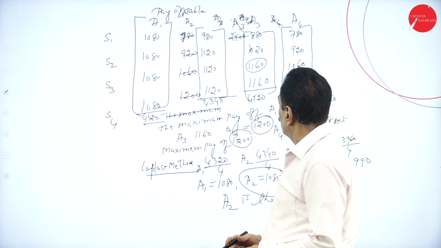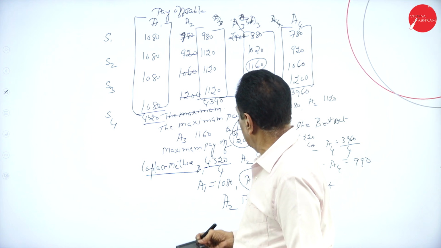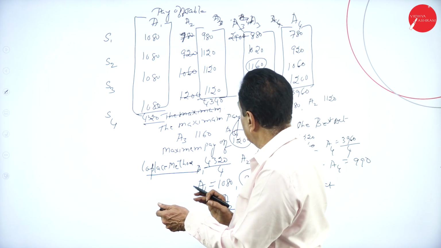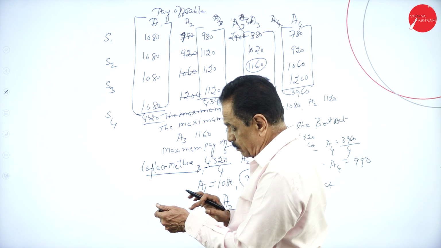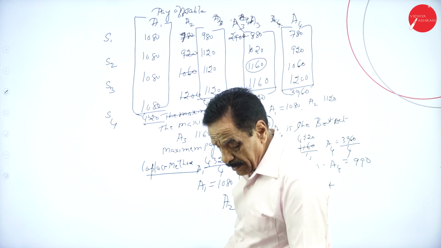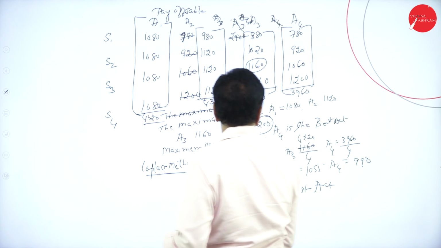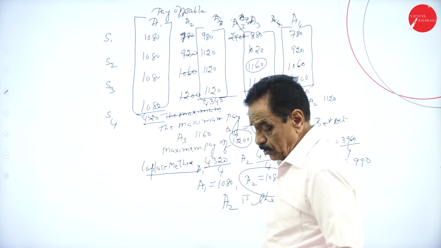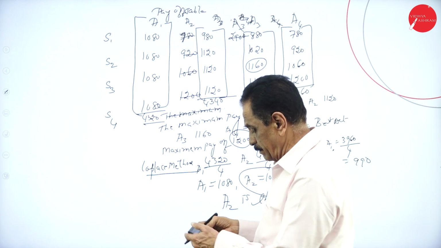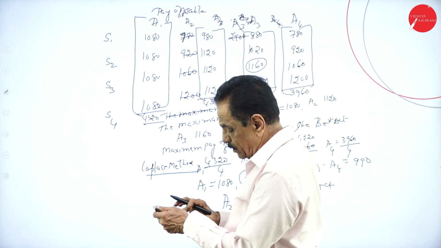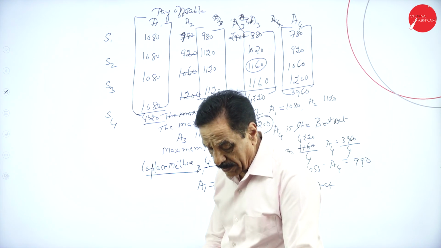Next one, 1200 minus 1120, 80. This is 0. Next, 1200 minus 1160, 40.